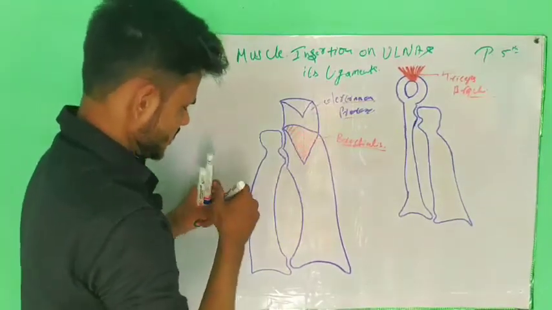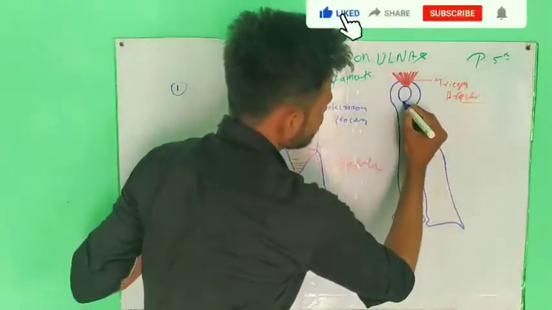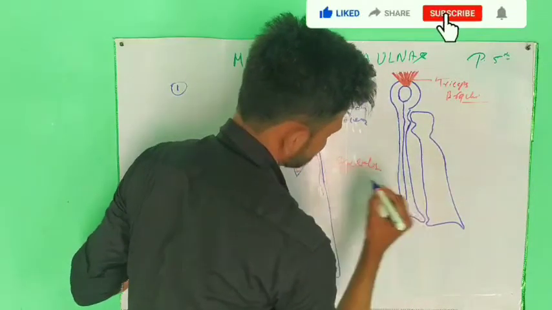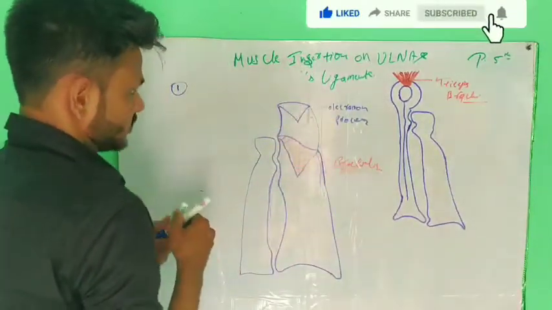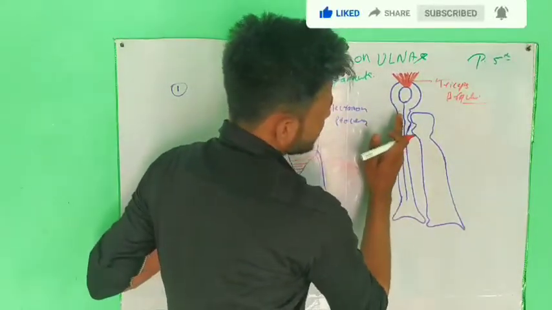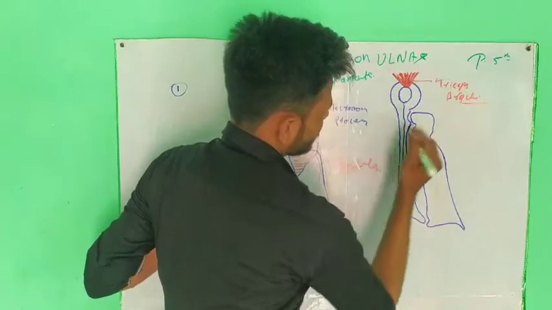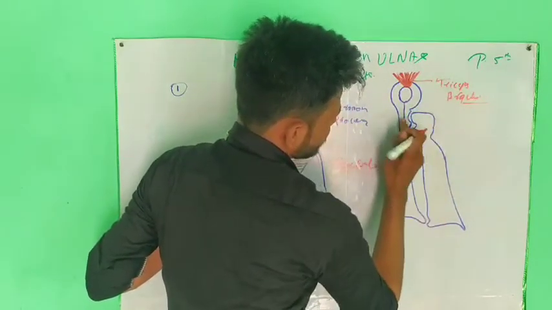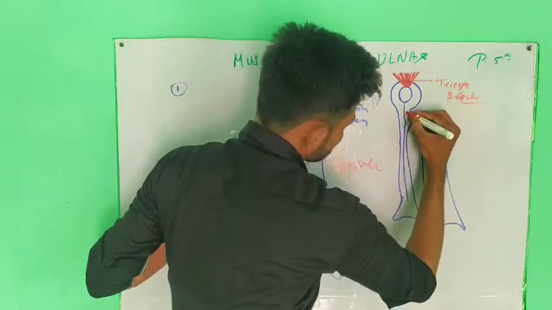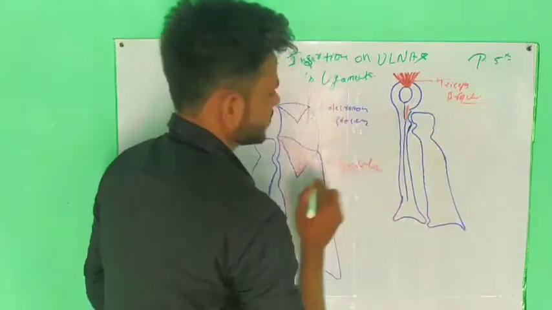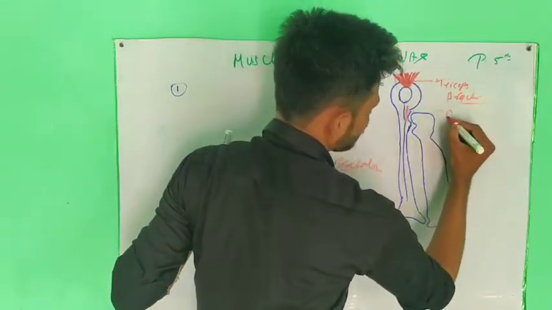Now this is our posterior border. From the posterior border and medial surface, posterior to the radial notch, there is an insertion of a muscle.